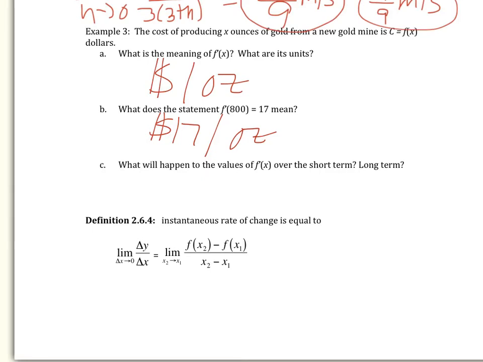All right, for the next part, it says, what will happen to f prime over the short term? Well, over the short term, f prime is going to decrease. Eventually, it may increase, though, because to extract the gold, it could become increasingly difficult with time. And so in the long term, that's going to increase, but short term, it should decrease.